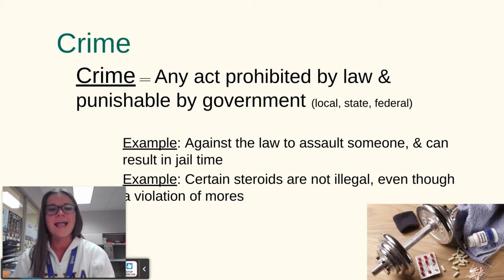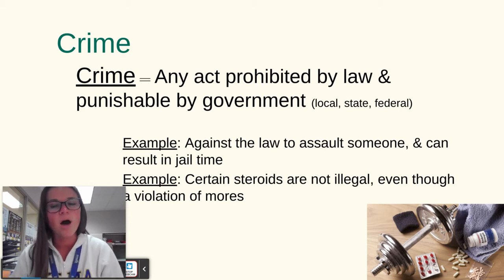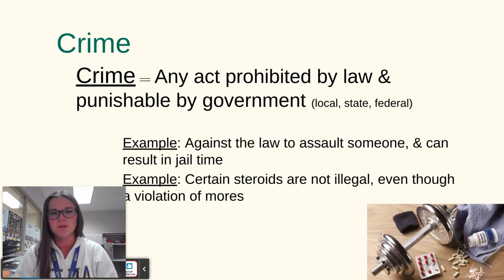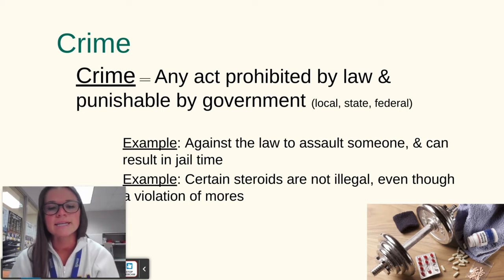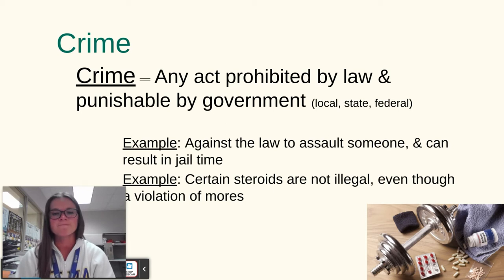Crime is any act prohibited by law and punishable by government. This could be local, state, or federal government. An example: it's against the law to assault someone, and that could result in jail time. Okay?